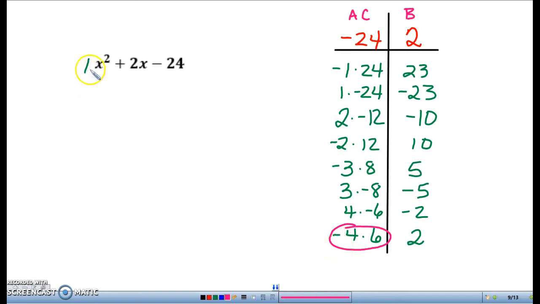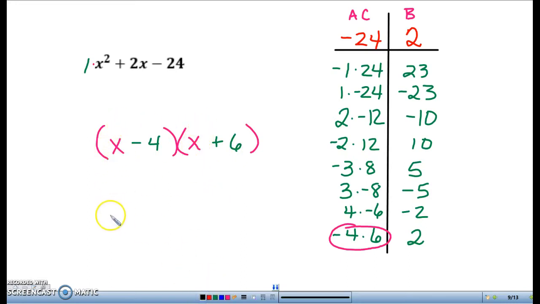Now since our a is 1, we can just go ahead and use those two. We'll use a little shortcut here. Put an x here and an x here, because when I multiply my front two terms together, I've got to get x squared. I'm going to put in what I found here, negative 4 and a positive 6, and I'm going to double check my answer with FOIL.